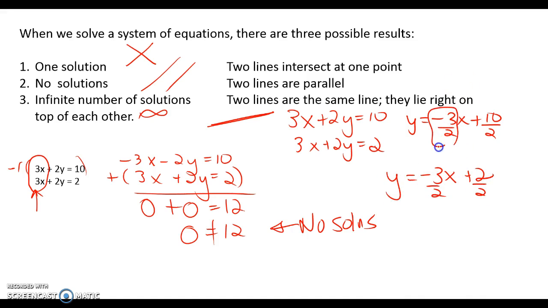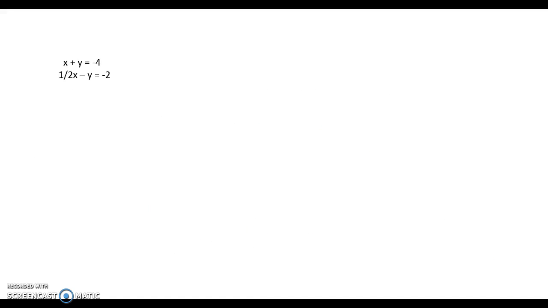Notice they have the same slope, but different y-intercepts. So those lines look roughly like this, with a slope of down 3 over 2. Therefore, there is no solution, and that's what this kind of result shows you.